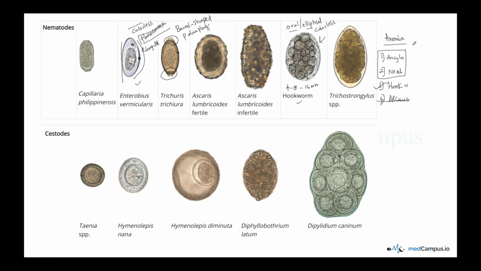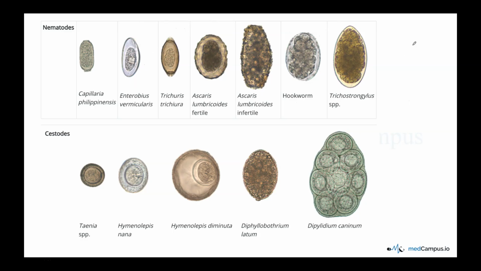The next concept which I want to discuss with you is how to differentiate a fertile Ascaris egg from an infertile Ascaris egg. One thing is, the infertile Ascaris egg is elongated. Just by looking at the egg, you can say it is elongated, whereas the fertile Ascaris egg is a bit round, like the hookworm egg.